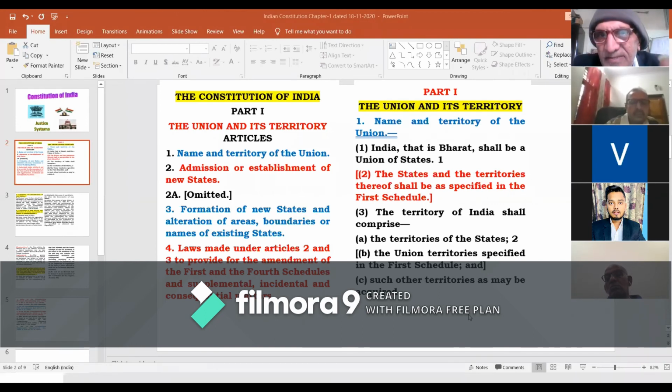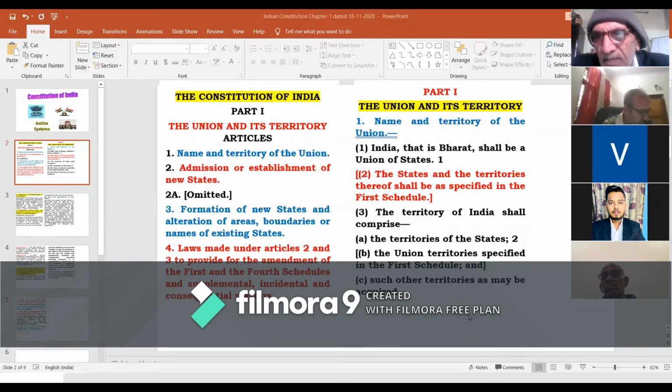Now, as clause 2 of Article 1, the states and territories thereof shall be as specified in the first schedule. Now, it is a learning. Constitutional learning is that we shall chase the provisions as stand drafted, stipulated, provided as enforceable provisions.